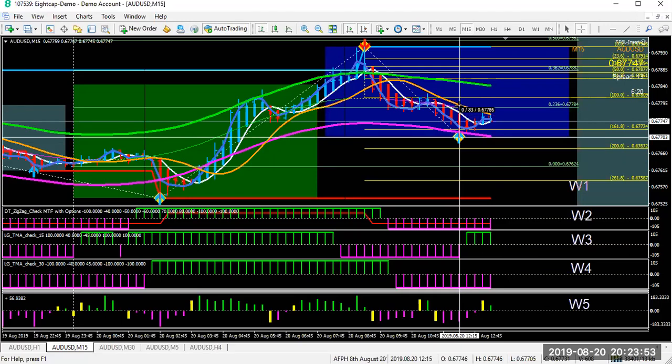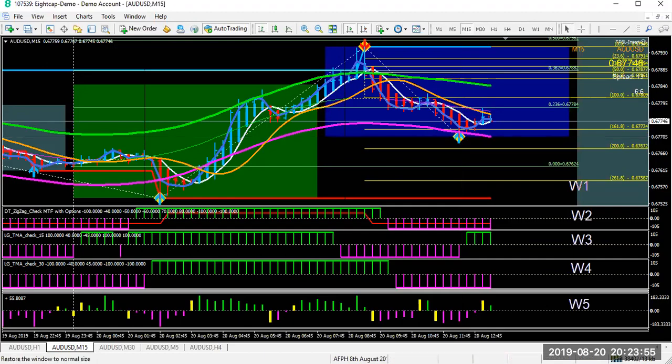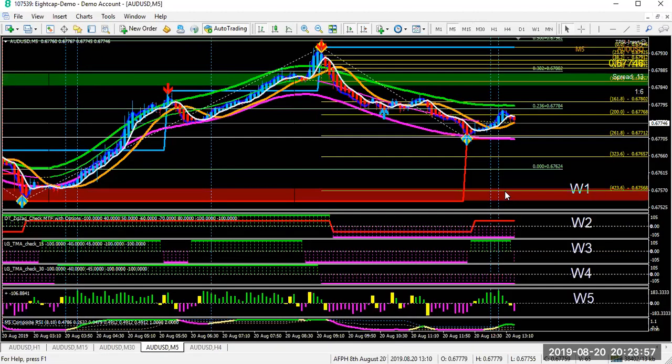Just over 8 pips. On the 5 minute, this is the same low, 8 pips. So once we get to the other riverbank, what is it doing? Yeah, it's doing that.